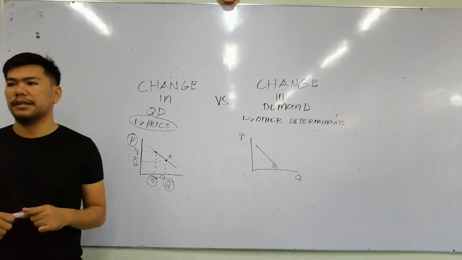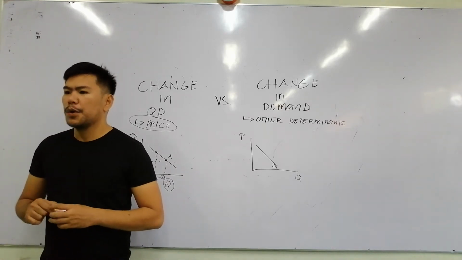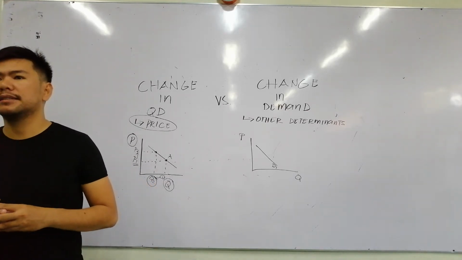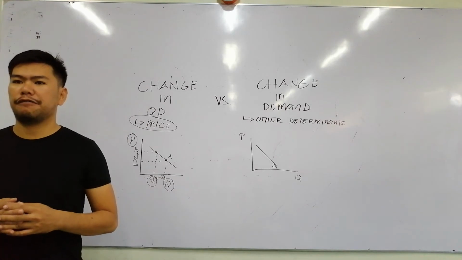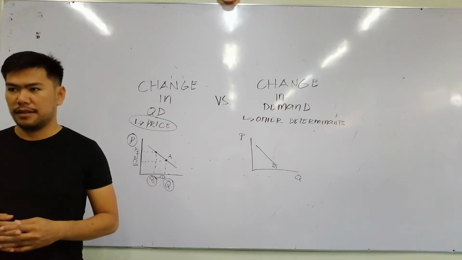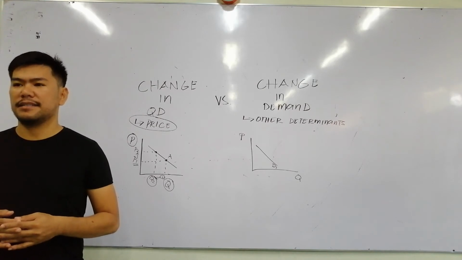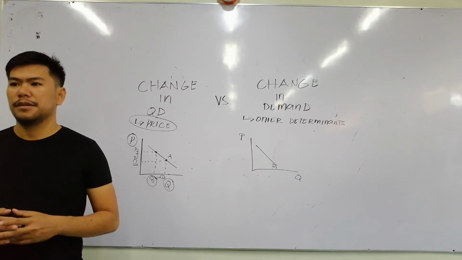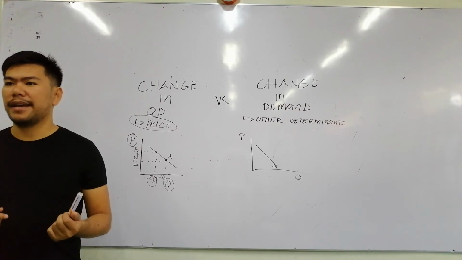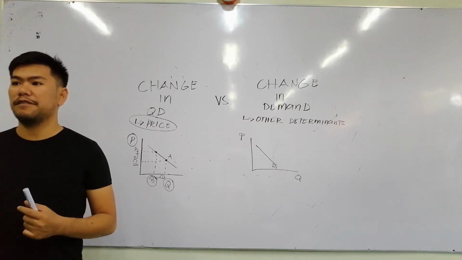Let's have an example. What happens to the demand curve of corn when the price of rice increases? Note that it's still the price, but there are two goods involved here.